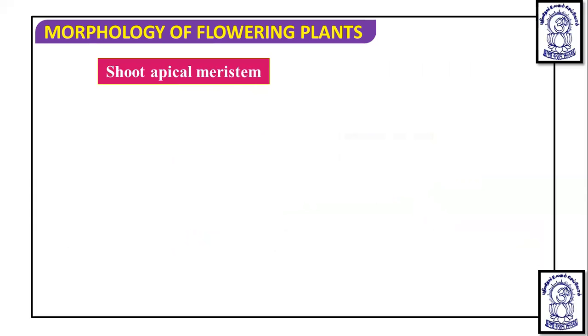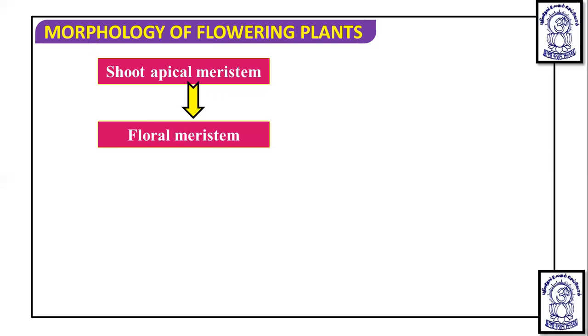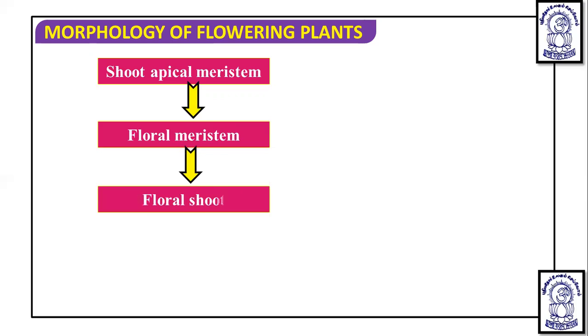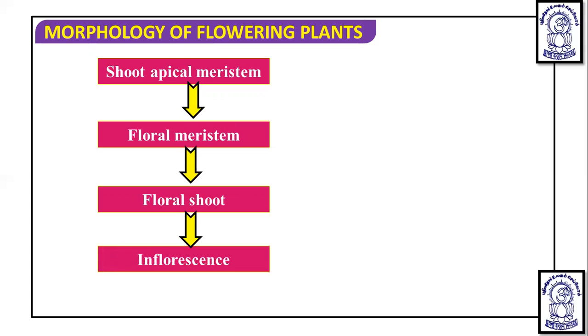So what happens first? You know that the stem is there. On the tip of the stem, there is a shoot apical meristem. The tip is growing, and during maturity it is converted into floral meristem. This floral meristem has the ability to form a flower, so it produces a floral shoot, and that floral shoot is modified into the inflorescence.